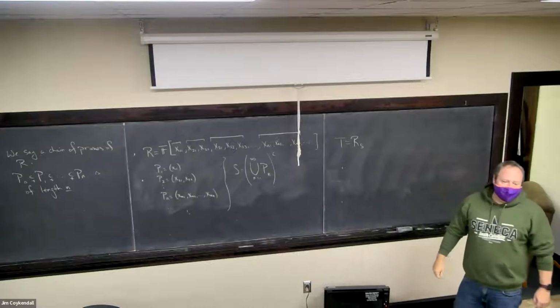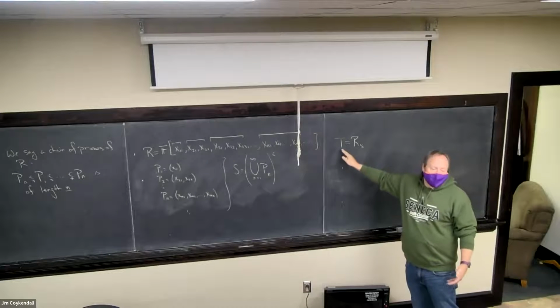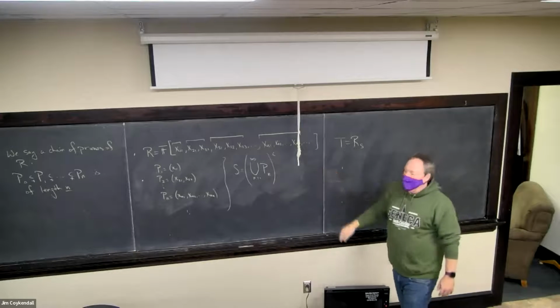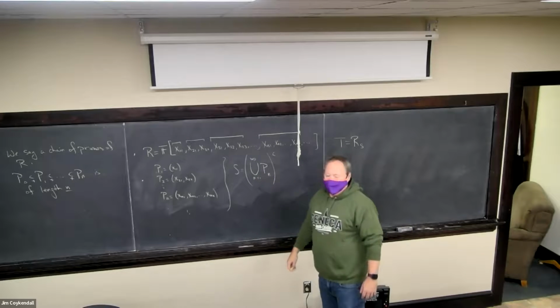Now the correspondence theorem tells us that the only prime ideals left over in this are the ones that miss that set. And the only ones that miss that set are the ones that are contained in these primes here.